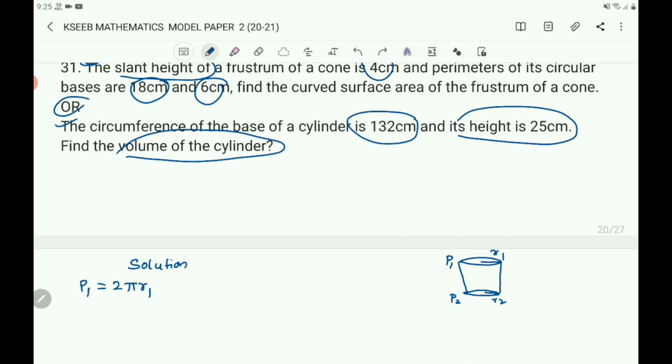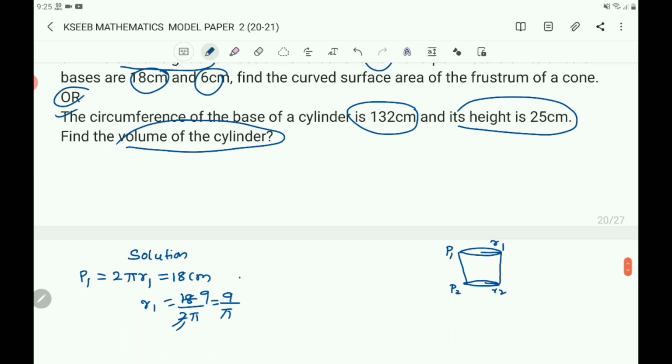So it is 2 pi R1 equals 18 centimeter. Therefore, R1 equals 18 centimeter by 2 pi. Then 2 ones are 2, 2 nines are 18, you get 9 by pi.